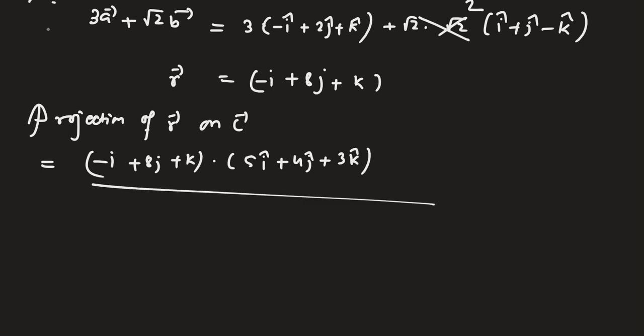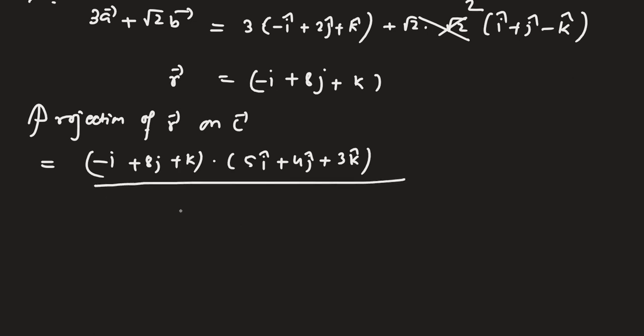So modulus of the C vector is 5 squared 25, 4 squared 16, 3 squared is 9, under the root.